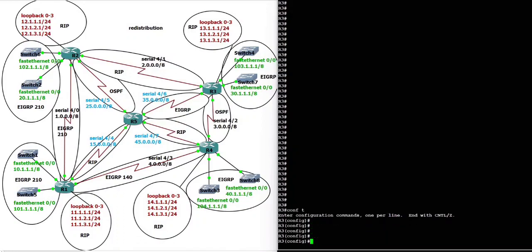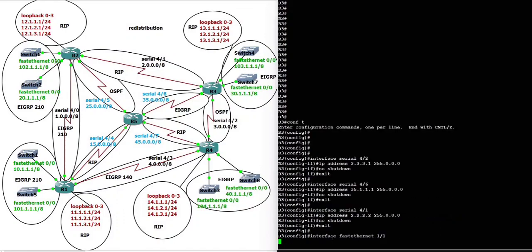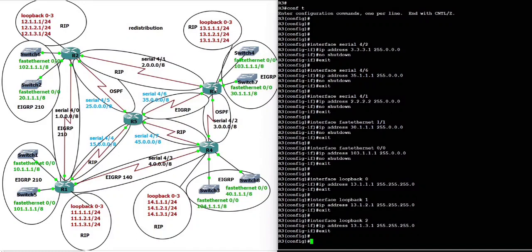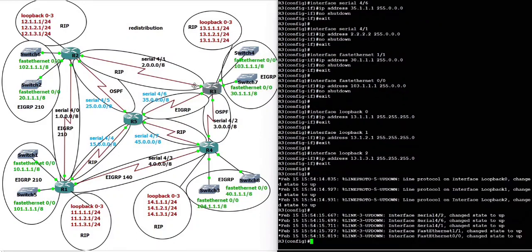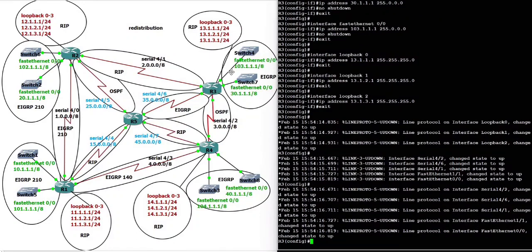Now on router 3, configure terminal. I'm trying to make this video as short as possible. On router 3, here also we have 3 serial interfaces, 2 fast Ethernet, and 3 loopback addresses.